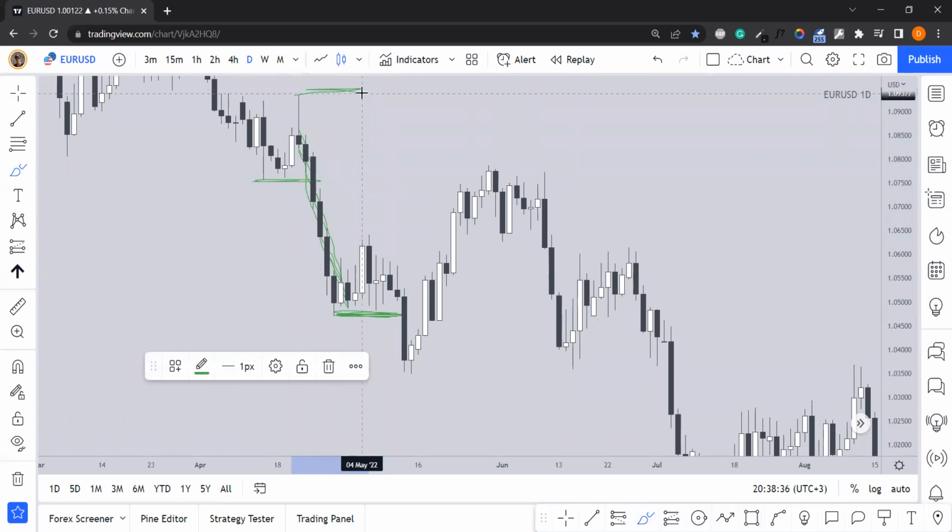And in such a way we have our price expansion, our range. So this is a breakout structure, this is price expansion, the range, this is a new low, this is a pullback, and this is a high.